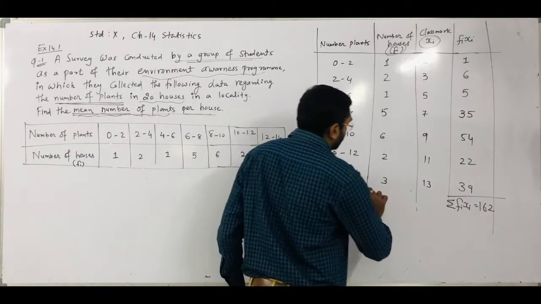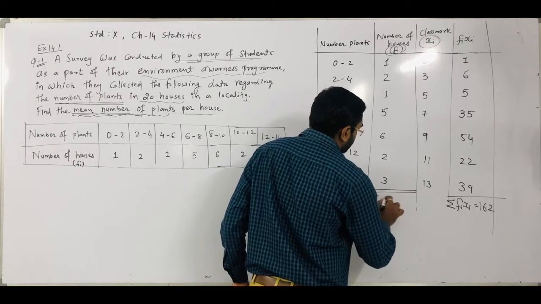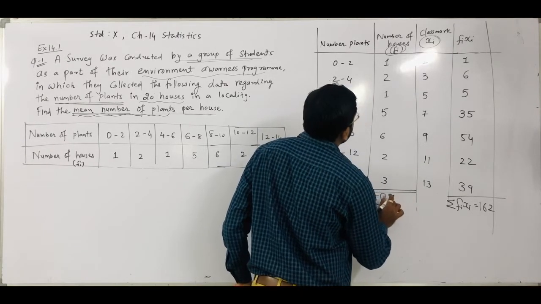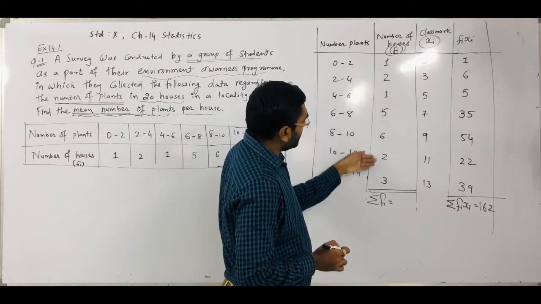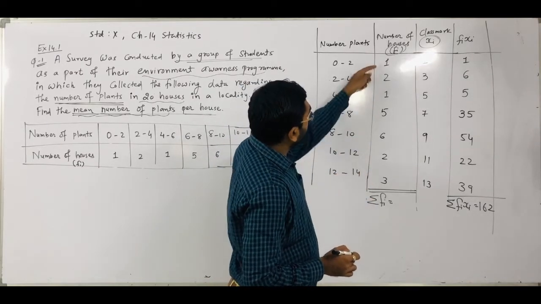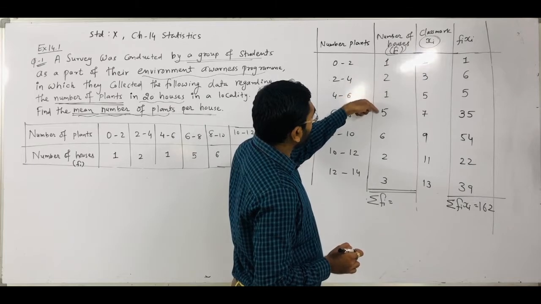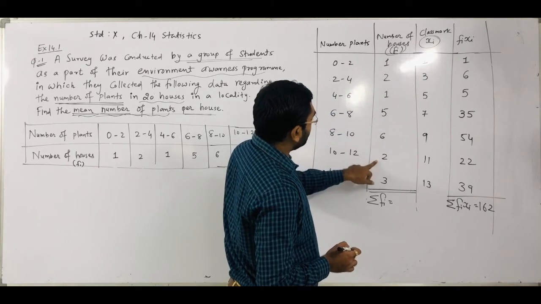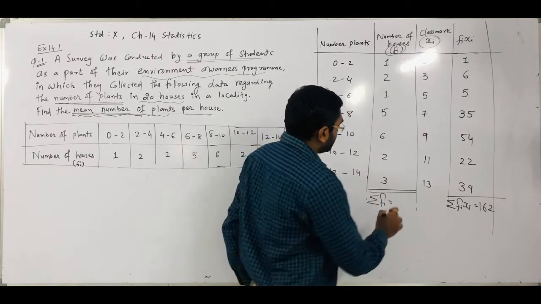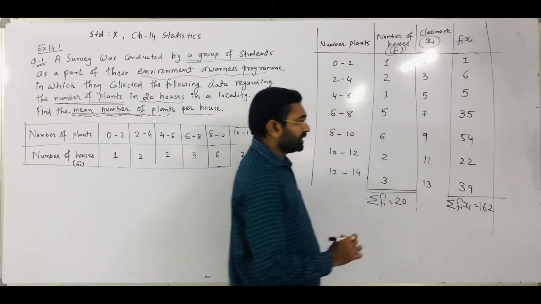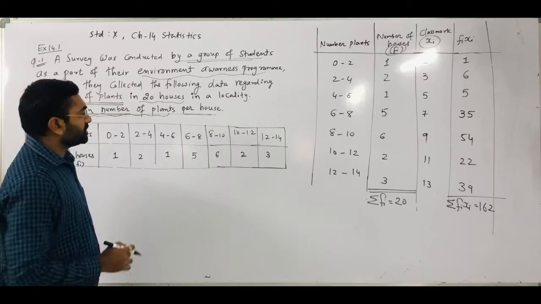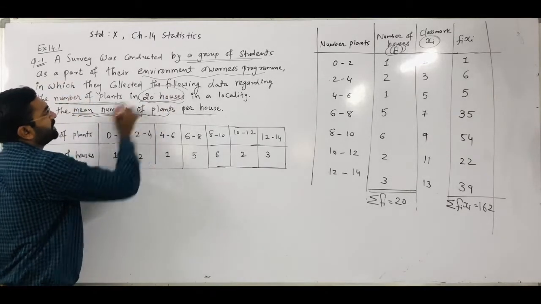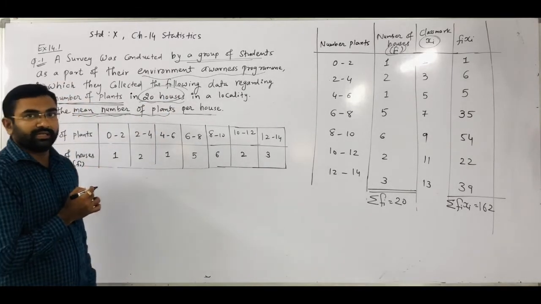Another value we require in the equation is the summation of all frequencies. The Fi column is here, and we have to take the summation of all its values. So 1 plus 2 is 3, plus 1 is 4, plus 5 is 9, plus 6 is 15, plus 2 is 17, plus 3 is 20. Okay, so summation of Fi is equal to 20. In another way, the question also mentions how many houses they take: 20 houses' data, right?